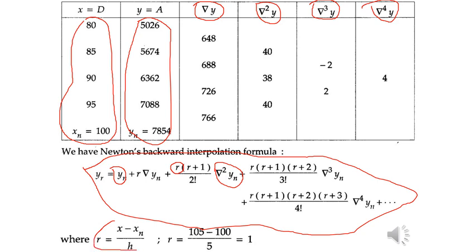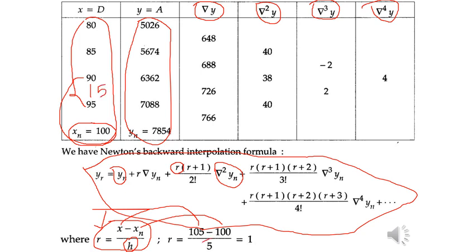Since we are using Newton's backward interpolation formula, this is the formula for r. In the place of x, put 105, and in the place of x_n, put 100, because x_n is the last value of x. And what is h? h is the difference between any two consecutive values of x. If you take the difference between these two, what is the difference? Difference is 5.